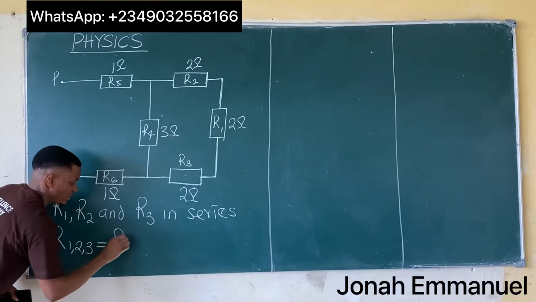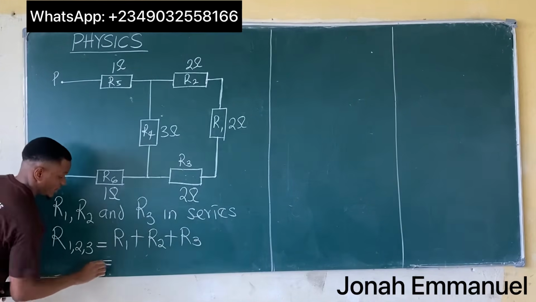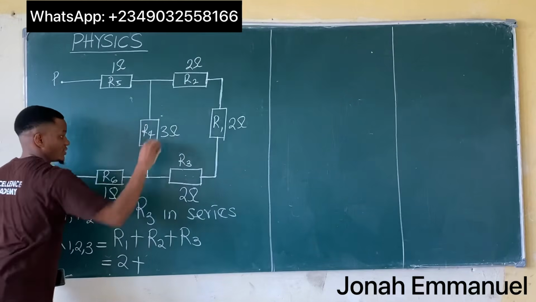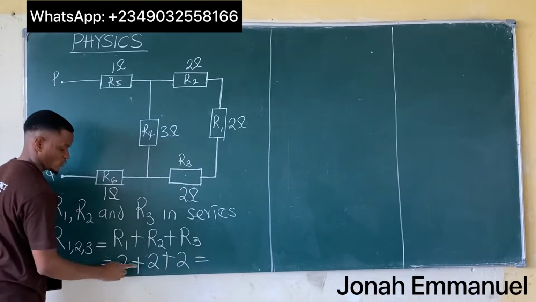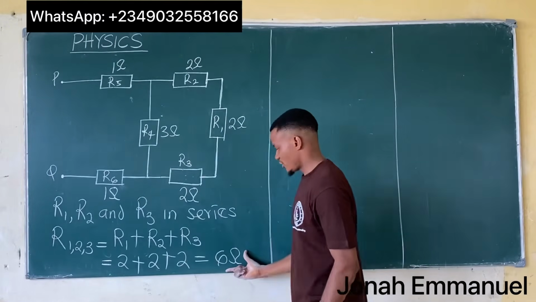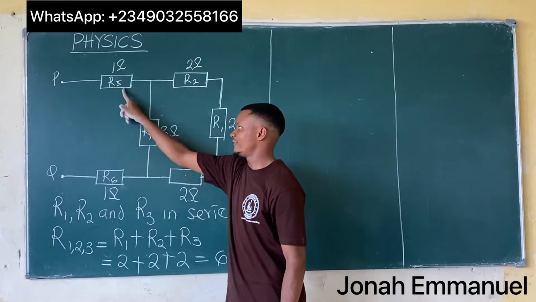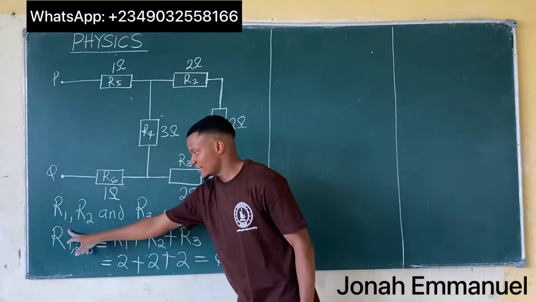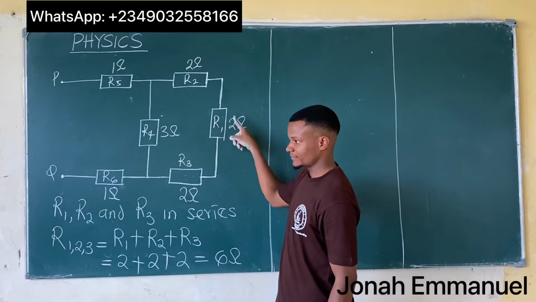That becomes R1 plus R2 plus R3, which is 2 plus 2 plus 2. So this gives you 2, 4, 6 ohm. Now this 6 ohm is the equivalent for just 1, 2, 3. We are still yet to resolve 4, 5, and 6. So if I've gotten this 6 ohm as the resistance of 1, 2, 3, where will this 6 ohm appear? It will appear at this point here.